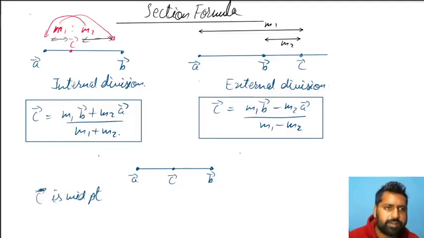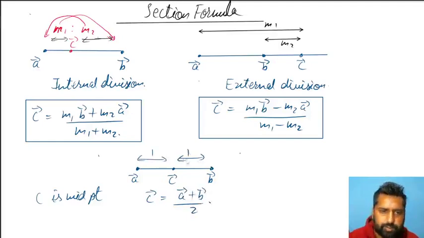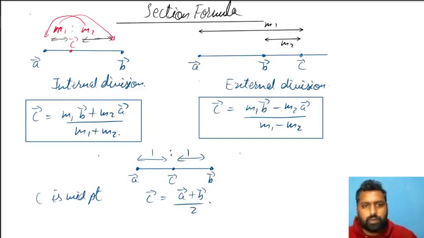Let's forget about the vector. So C vector will be given by, what was the midpoint formula? x1 plus x2 by 2. So it is like this: A plus B vector divided by 2. So basically the idea is that the ratio is internal ratio 1:1. So if you put M1, M2 as 1:1, you'll get this same formula. Done.